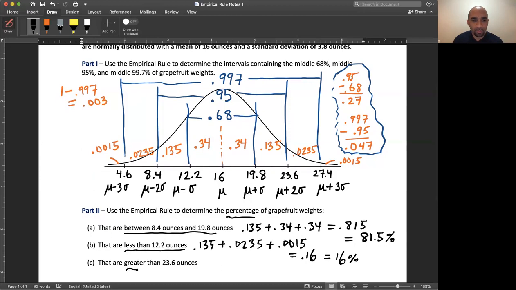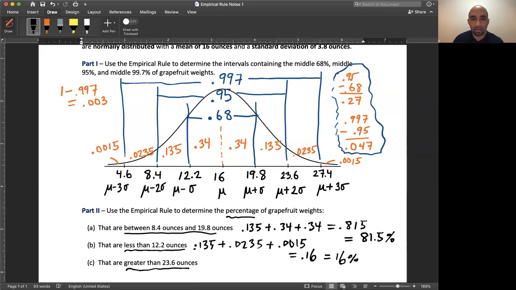Lastly, what percentage of grapefruit weights are greater than 23.6 ounces? Well, 23.6 is right here, and there are two subintervals with values greater than 23.6 ounces. This one here and this one here. And there are two percentages that correspond to those intervals. So the percentage of grapefruit weights greater than 23.6 ounces will be the sum of 0.0235 plus 0.0015.